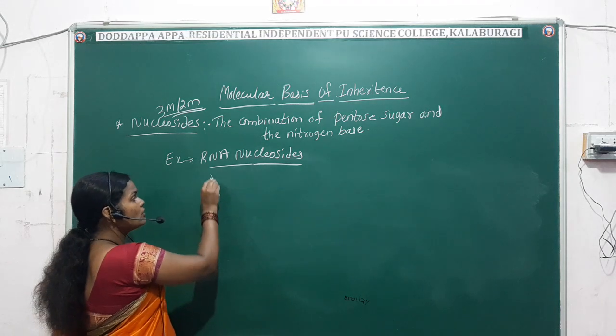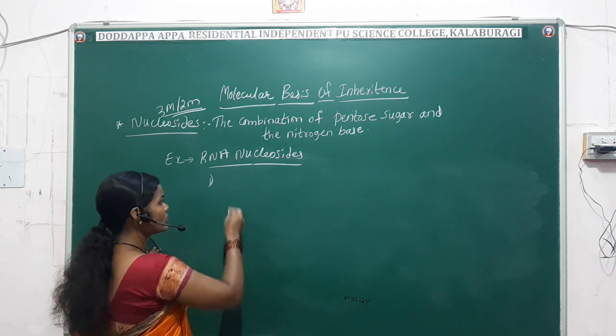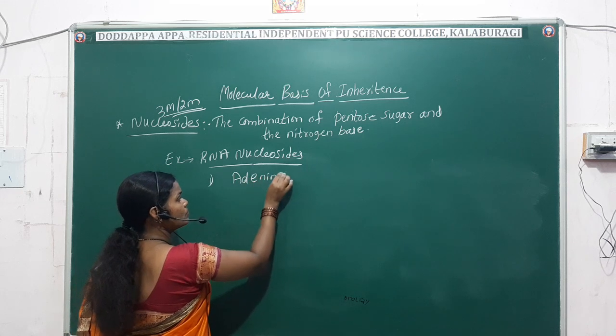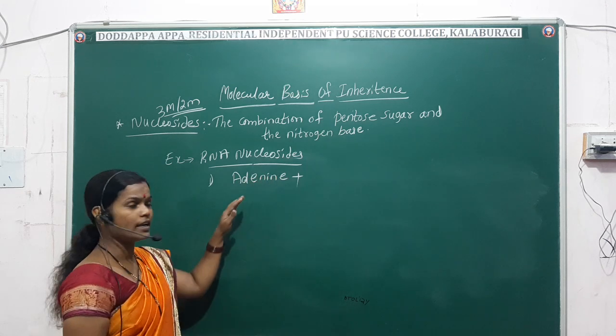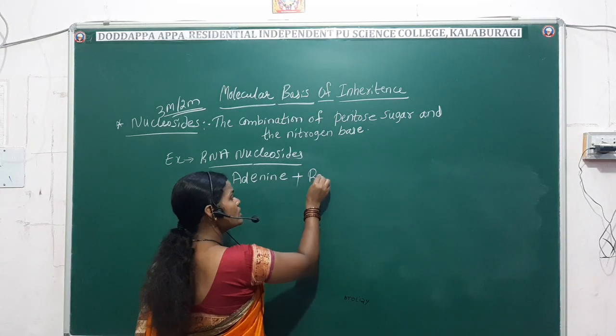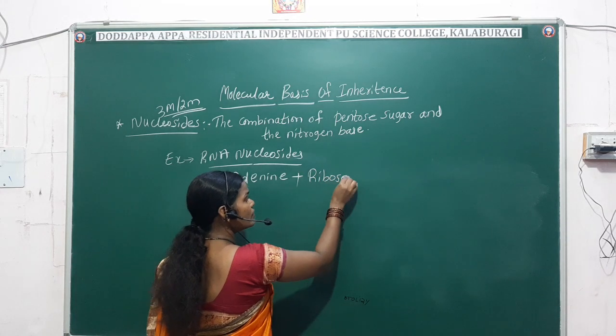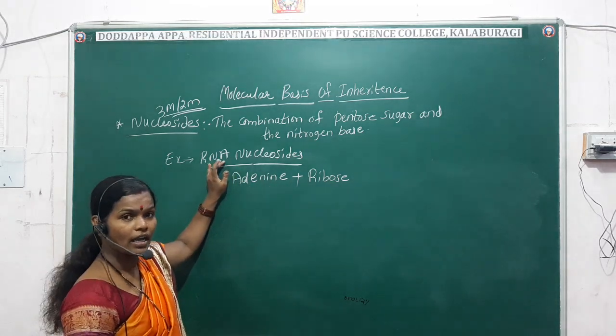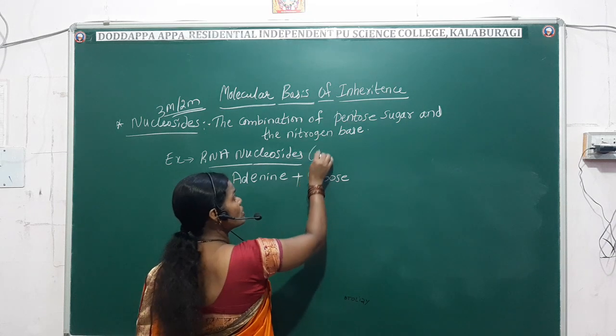The first example of the RNA nucleoside, once again we start with adenine. Adenine plus ribose. Why are we taking ribose here? Because, as I told you in yesterday's class, RNA is ribose nucleic acid.